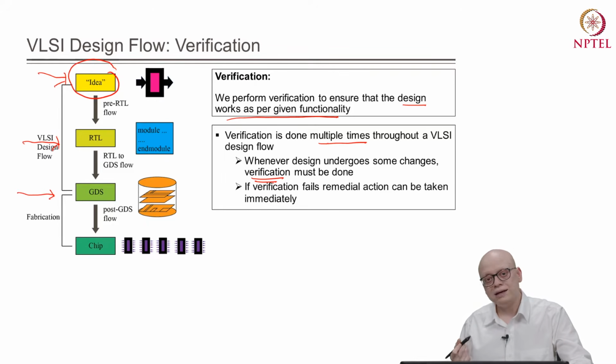Why do we want to do that? Because then it allows us to fix this problem, and the earlier we fix this problem in the design flow, the fix can be done with less design effort or less effort in terms of time.